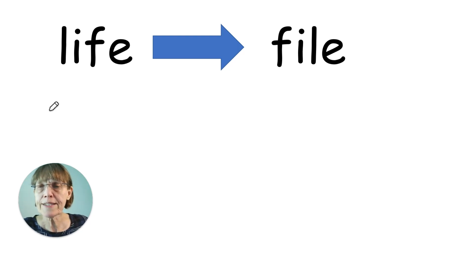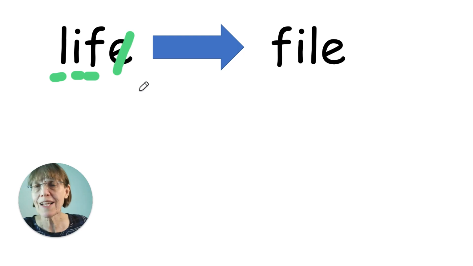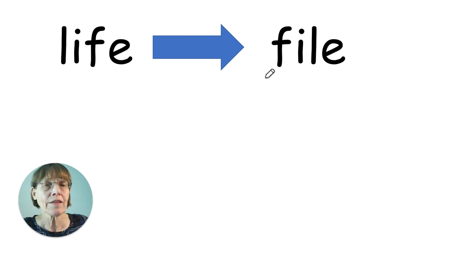In this word, we start with the word life. L-i-f. Remember, the E makes no sound. Life. And then we go to f-i-l. File. Same. E, no sound. File. What happened?